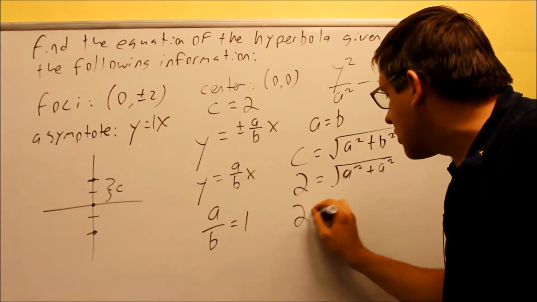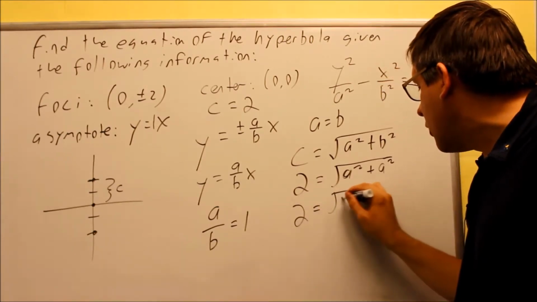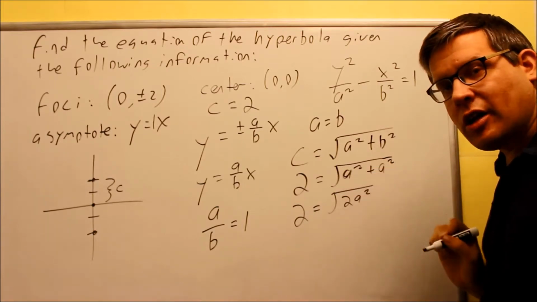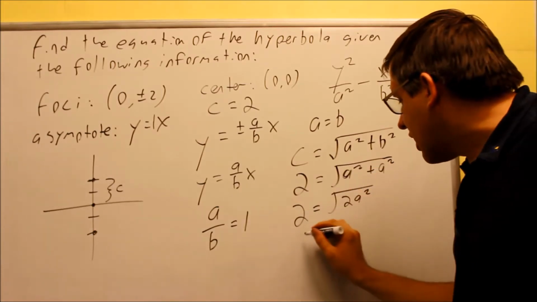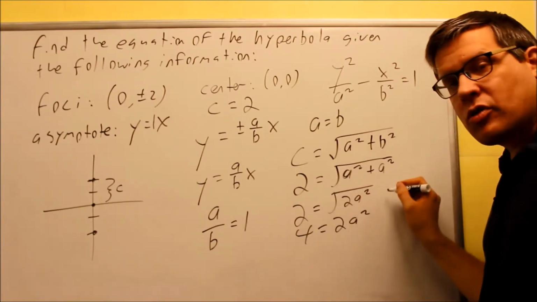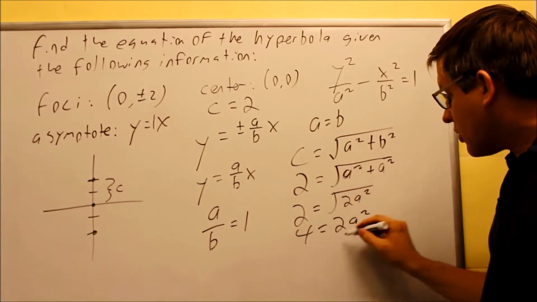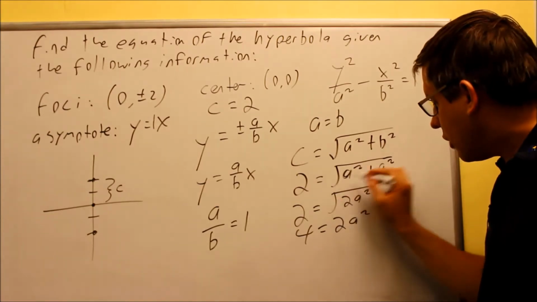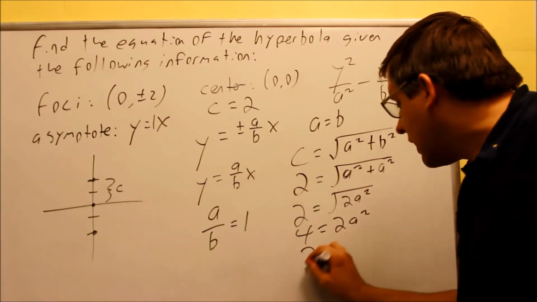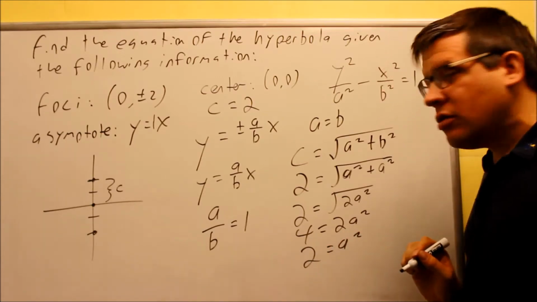So now I can go ahead and solve this. 2 equals the square root of 2a squared. These are common terms, so I can add them together. If I square both sides, I get 4 equals 2a squared. I'm just squaring both sides to get rid of the radical. This 2 is not going to be squared. I'm only getting rid of the radical on that side. And if I divide both sides by 2, I get that a squared is equal to 2.